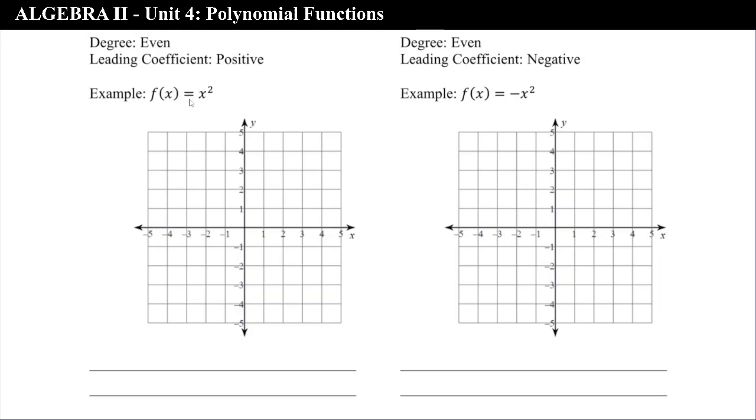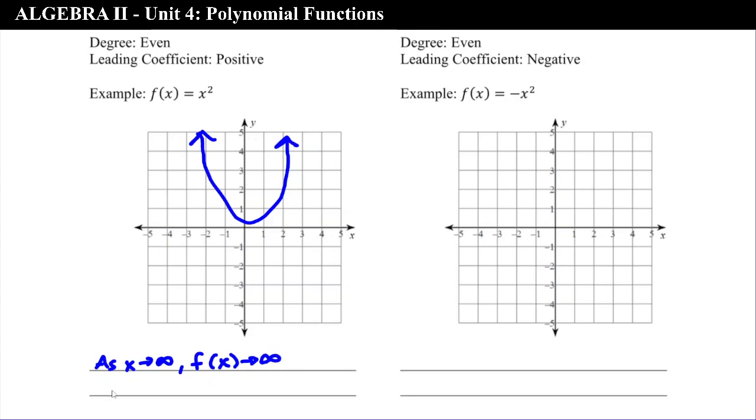And the leading coefficient is positive, which we don't have a negative in front of the x, so therefore it is positive. We're going to have a function that looks roughly like this. Now I'm not going to graph it exactly, we just are more concerned about what the shape is, okay? So when we graph it like this, our end behavior is as x approaches infinity, f of x approaches infinity as well. Okay, that's on the right-hand side.